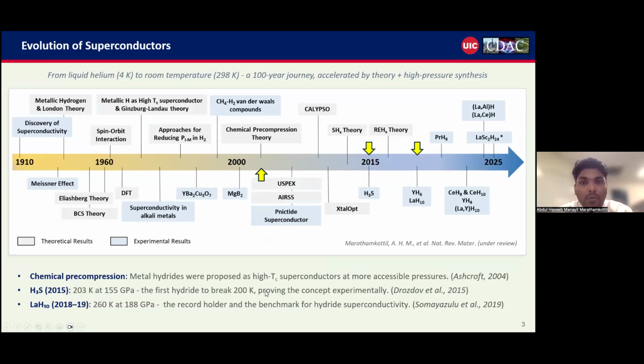We have seen what superconductivity is and why room temperature superconductivity would be transformative. So how do we actually get there? This timeline tells a story spanning over a century, but the real acceleration happened in the last decade, and it started with a theoretical idea.